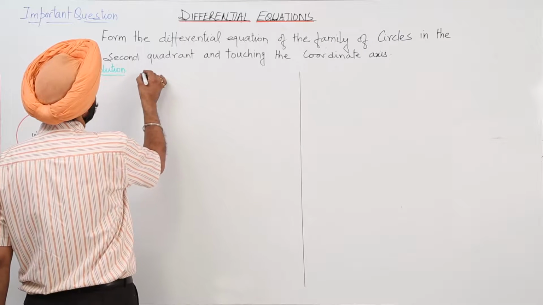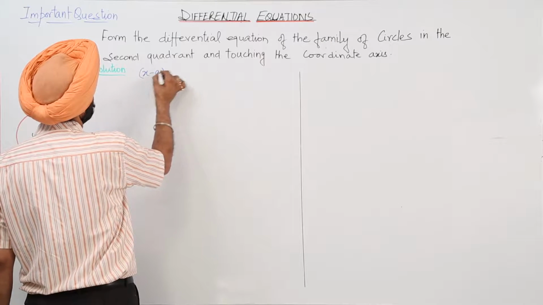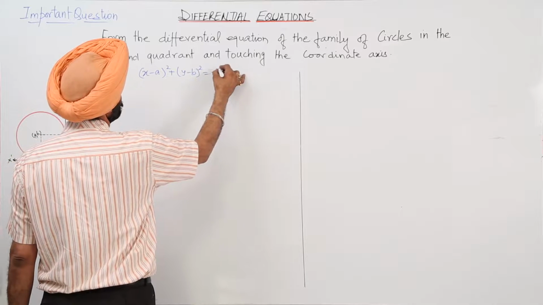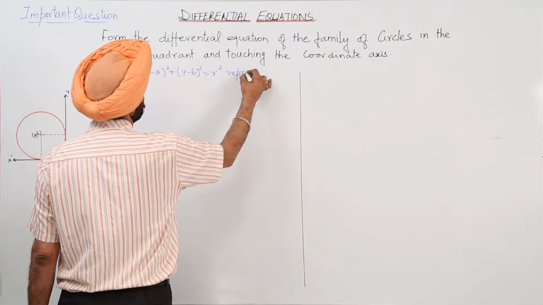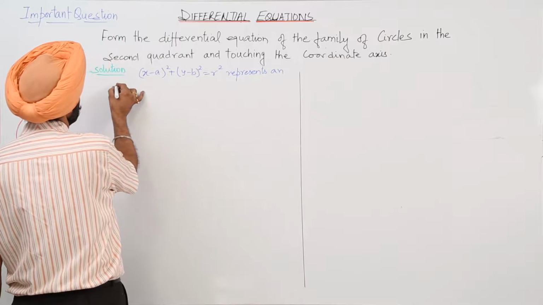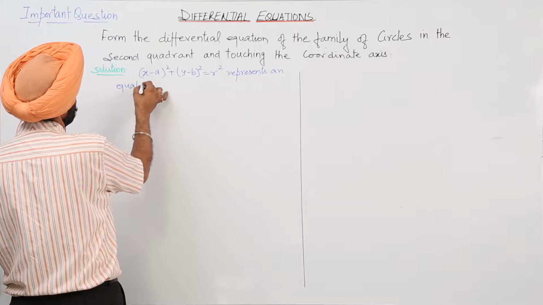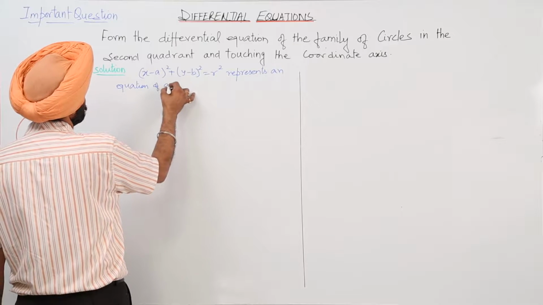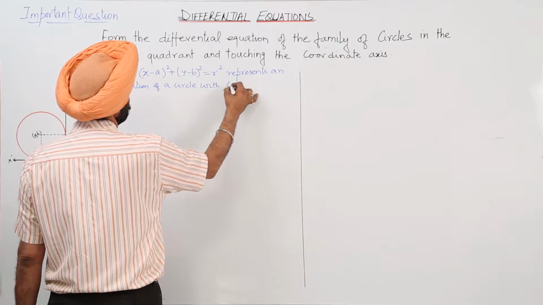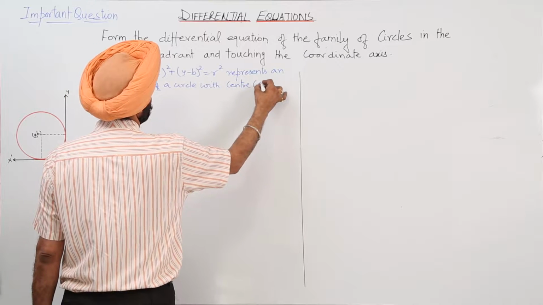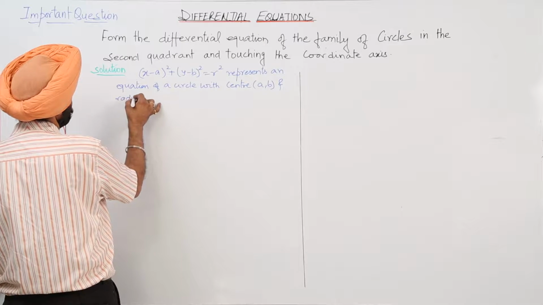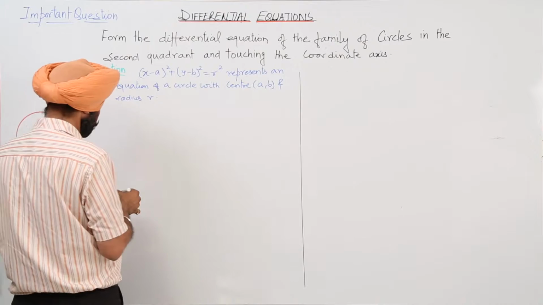Now, (x minus a) whole square plus (y minus b) whole square is equal to r square represents an equation of a circle with center (a, b) and radius r.